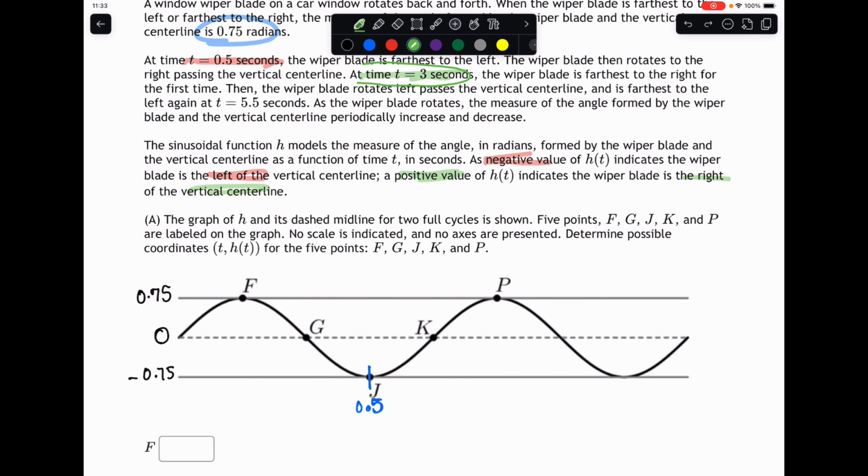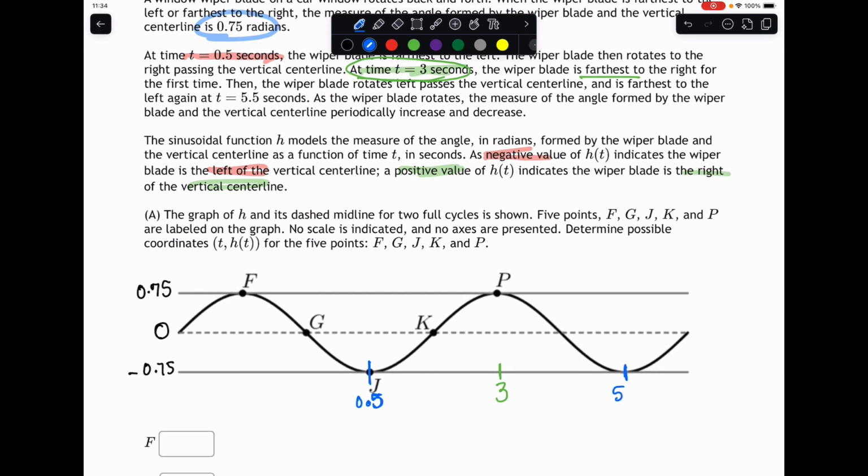At t is equal to 3 seconds, the wiper blade is going to be farthest to the right, so it's going to reach its highest radian of 0.75. So that occurs again at 3 seconds. And then the next time we're going to reach the bottom, or be farthest to the left, is at 5.5 seconds.